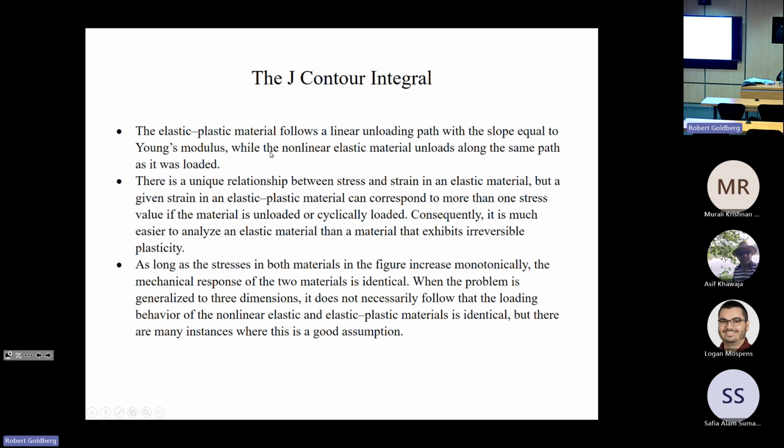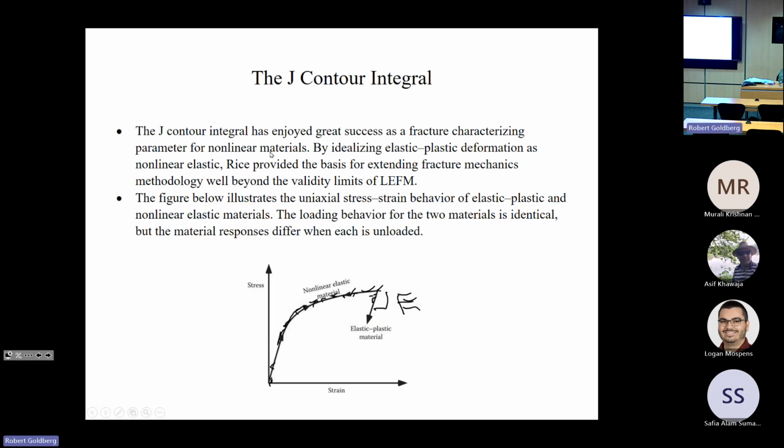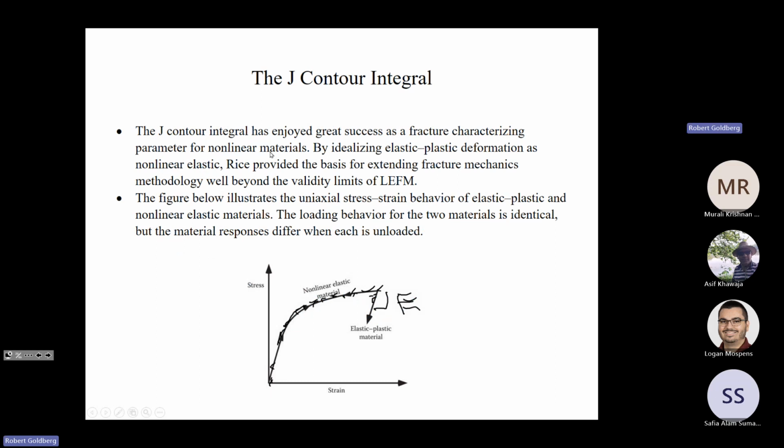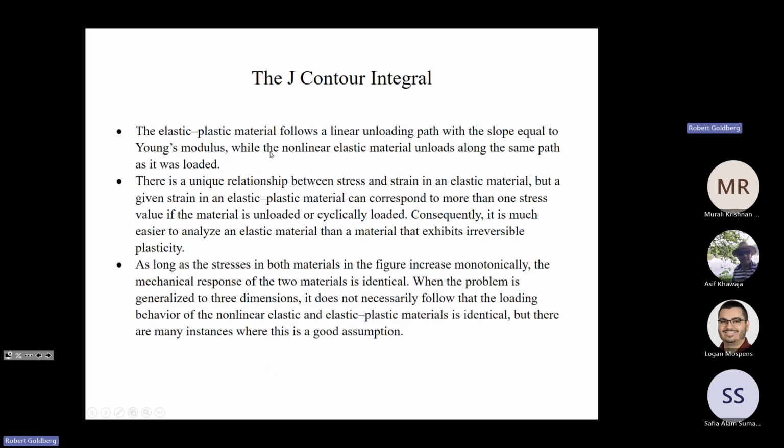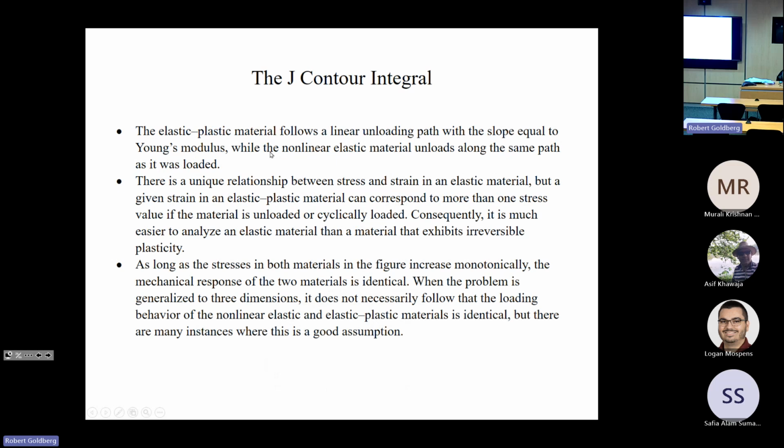So as long as you change the stress states monotonically in this figure here, the mechanical response of the two materials is identical.